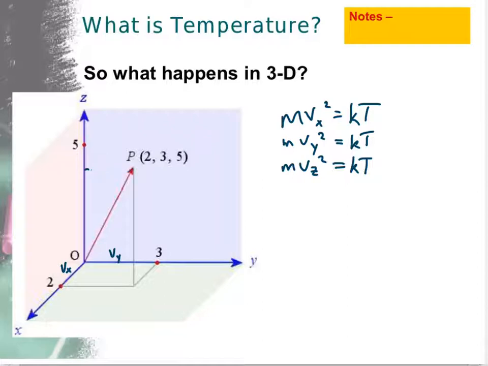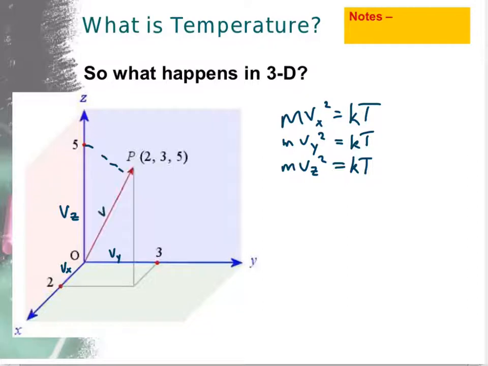This looks a little funny because I'm trying to project 3 dimensions onto 2, but if I were to extend a line from this point all the way over to the z-axis, I would actually end up at the number 5 right there. So let's consider that the z component.